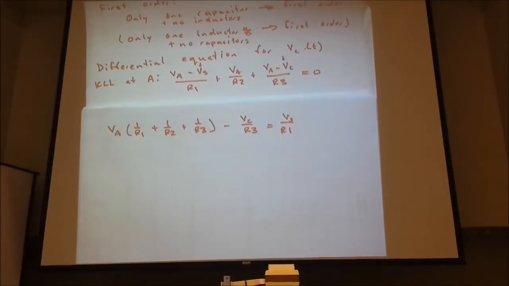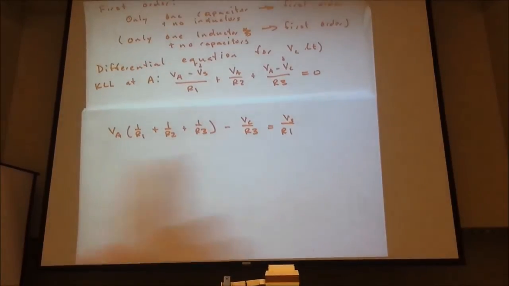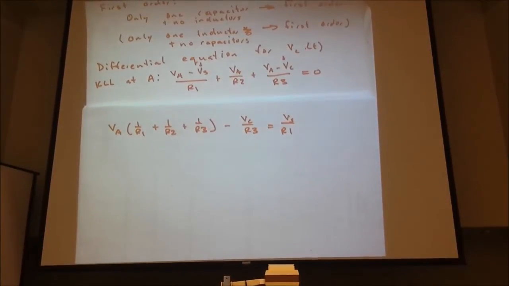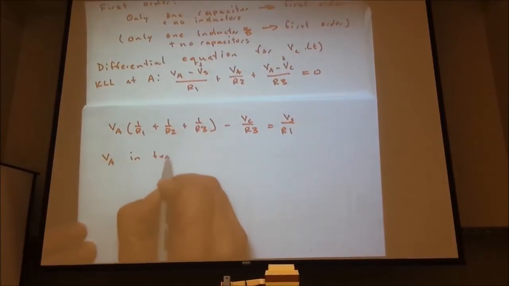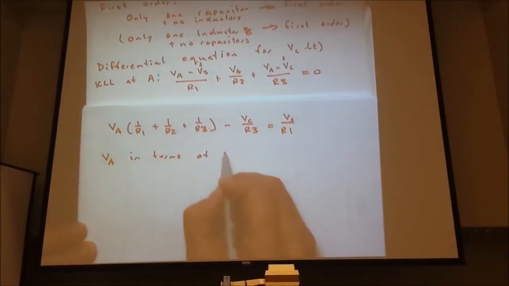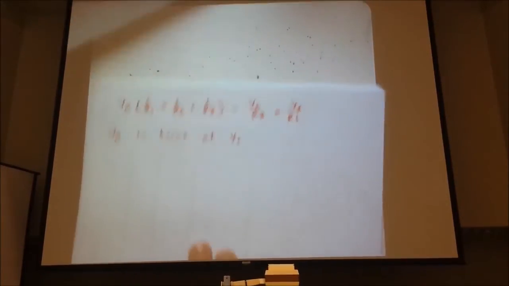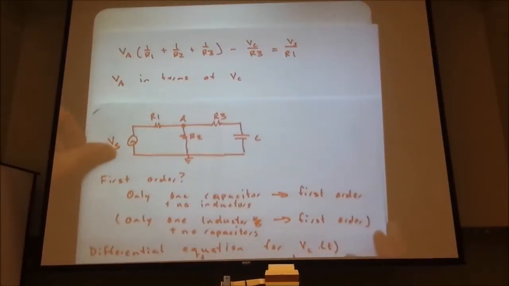So we have our source term on the right side, where I personally like to put it. Yours may vary. We have our parameter of interest, and we have a VA. And we don't want VA. So we need VA in terms of VC, just the same process we did before.